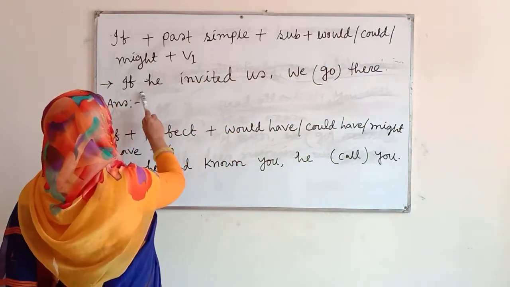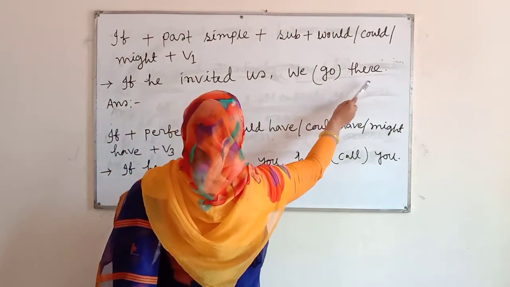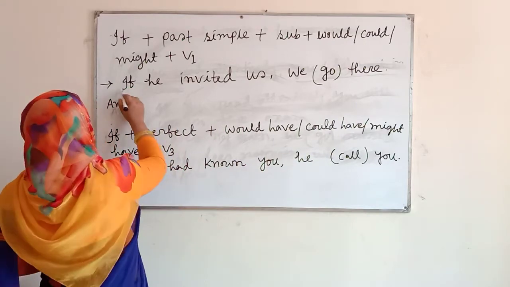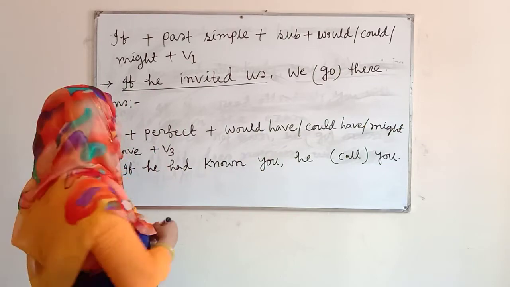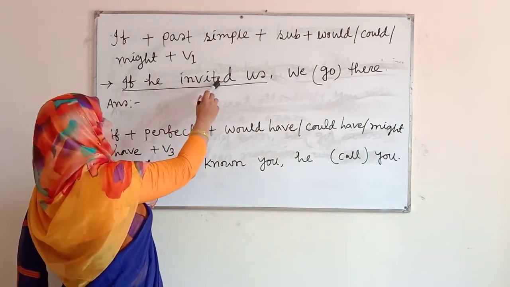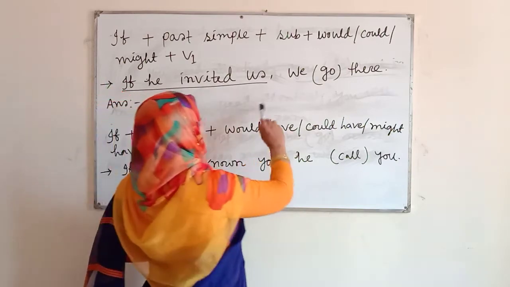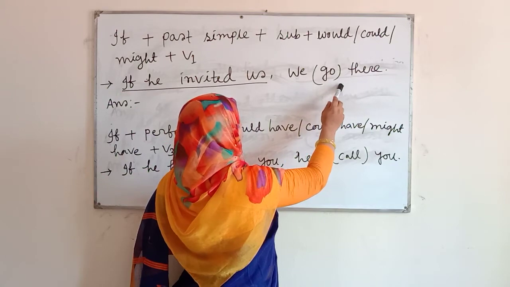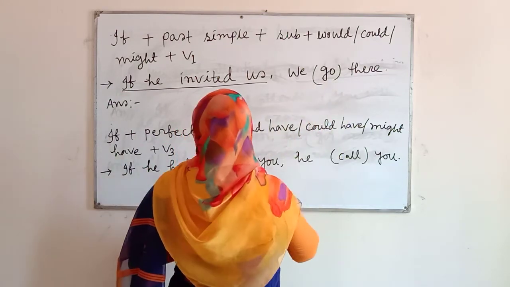Example, if he invited us, we go there. Here this portion is in past simple, subject plus verb 2, that means past simple, so we will use subject plus would or could or might plus verb 1 plus object.